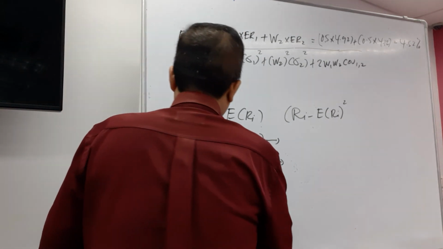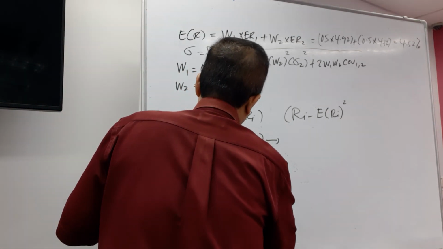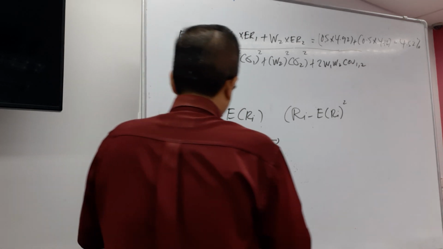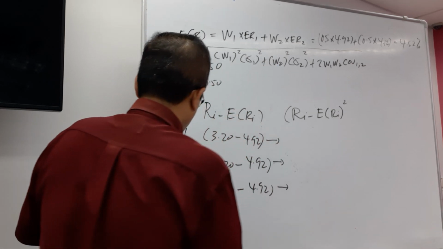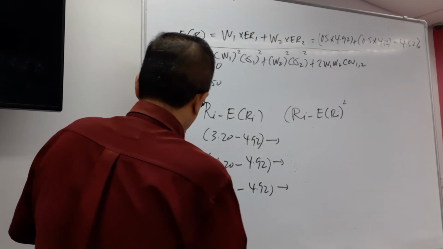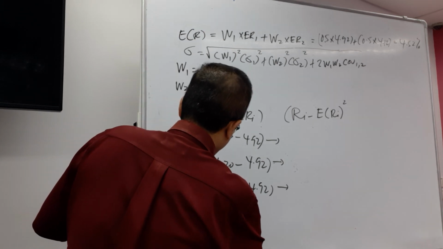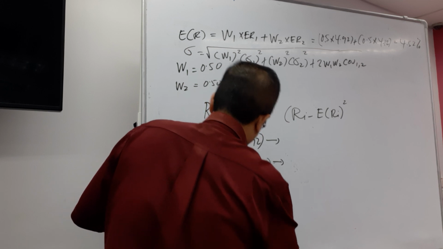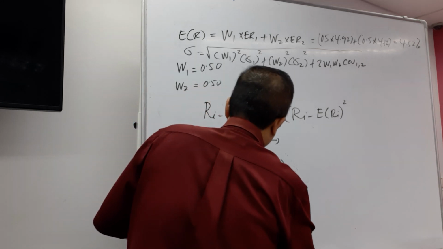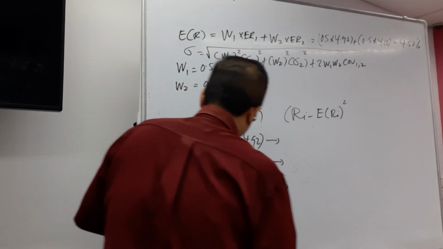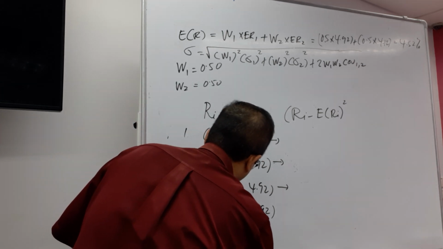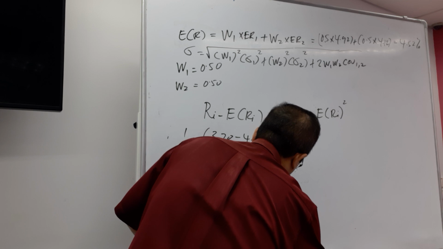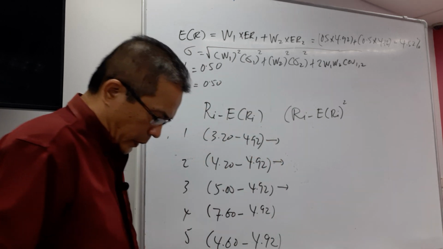And 5.00 minus 4.92. And then 7.60 minus 4.92, and the last one is 4.60 minus 4.92.